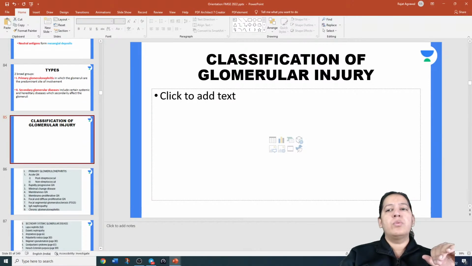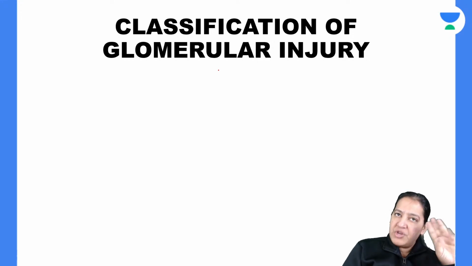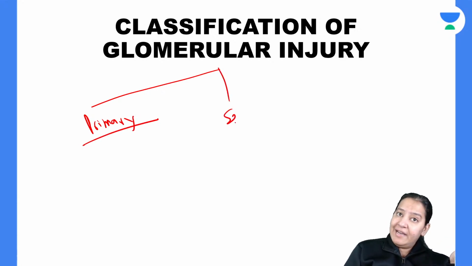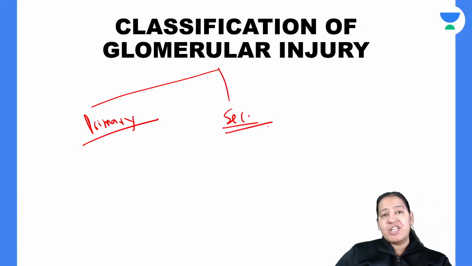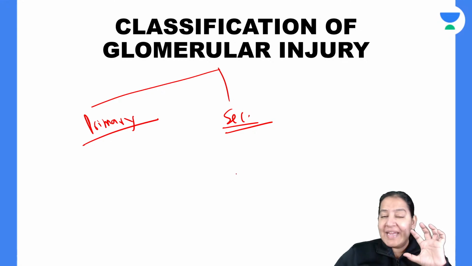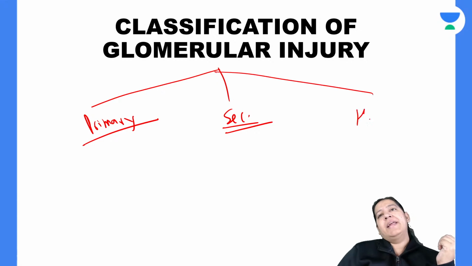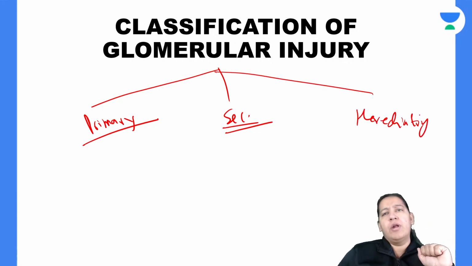Okay. So first you should understand the classification of glomerulonephritis. There are three types. Primary glomerulonephritis, which are actually diseases of the glomerulus. Secondary glomerulonephritis, in which the actual disease is something else, but the kidney or the glomerulus is involved secondarily. And the third one is hereditary glomerulonephritis, in which there is congenital glomerular involvement.